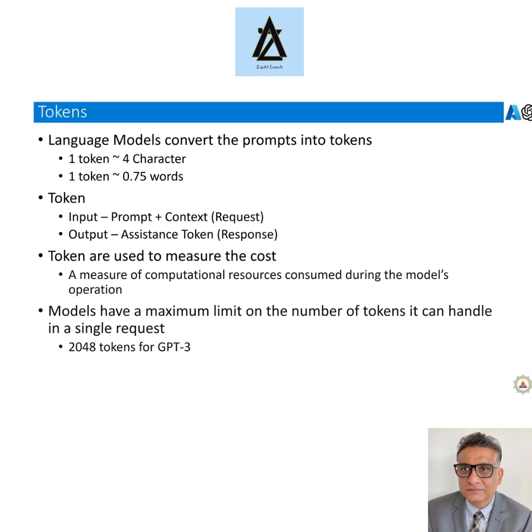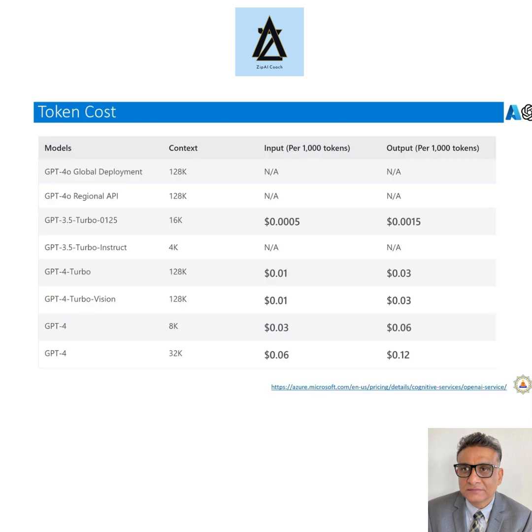And models have a limit. Although there are models like Gemini 1.5 that talk about a million tokens, every model has a limit. And the cost is associated with the token. If you are using a model hosted on AWS, GCP, or Azure, it has a certain cost for the input and output, priced per 1,000 tokens, to run your model.